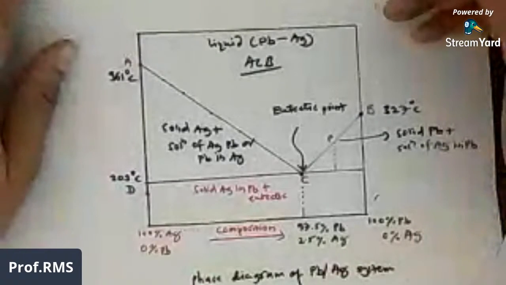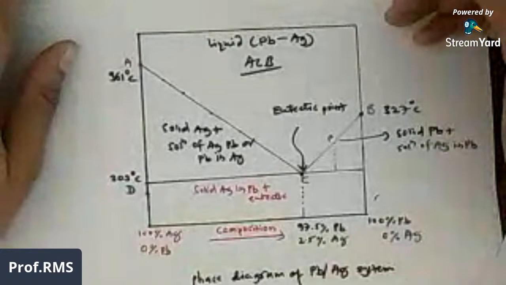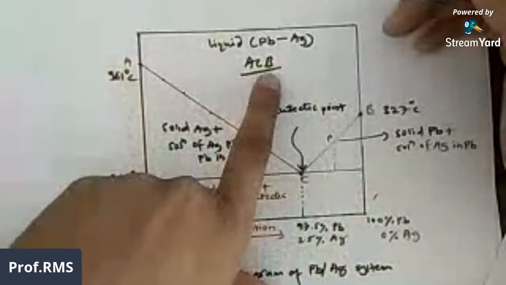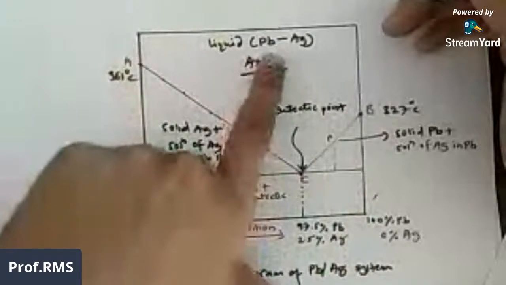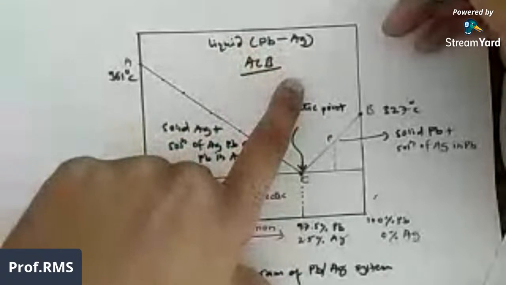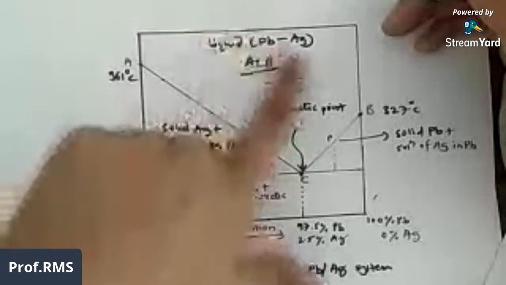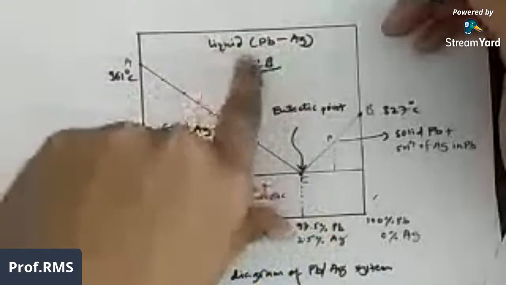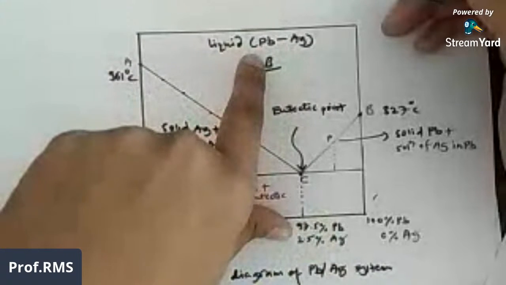So we have the regions, areas. The region below the curve ACB, such area is referred to as ACB. In such area, we have metals which are present in liquid form. If we try to find out the degree of freedom for this region, we know that only one phase is present here, that is the liquid phase.